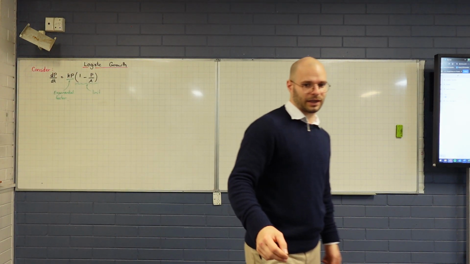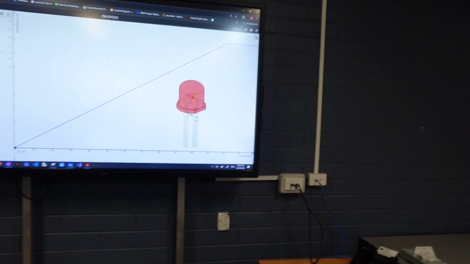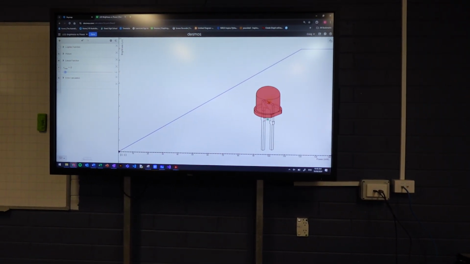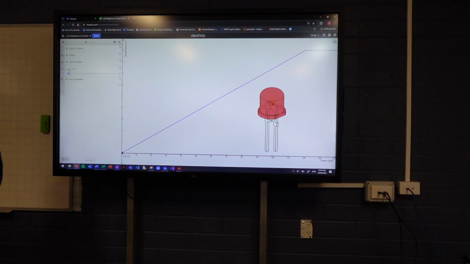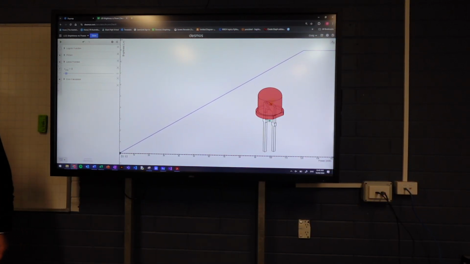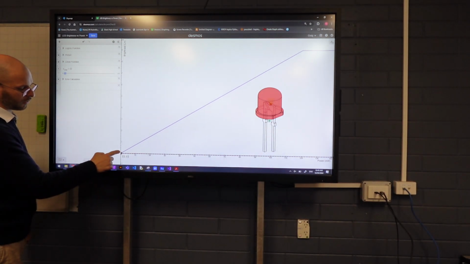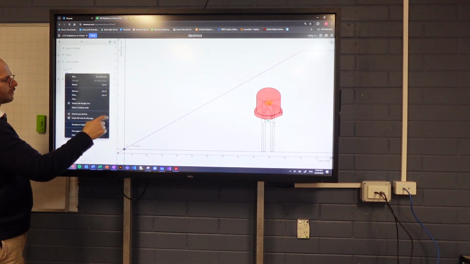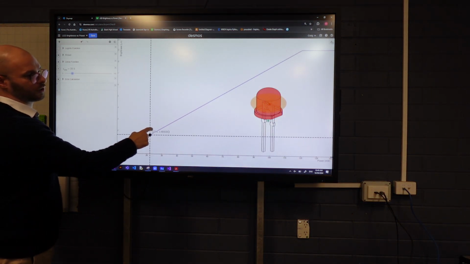Now, looking at what that means by example, if we have a look at the screen over here, there we go. What we've got is a Desmos model, and it's an LED or a light. One way to think of it is, the more voltage that we try and push through this, the stronger the light gets.